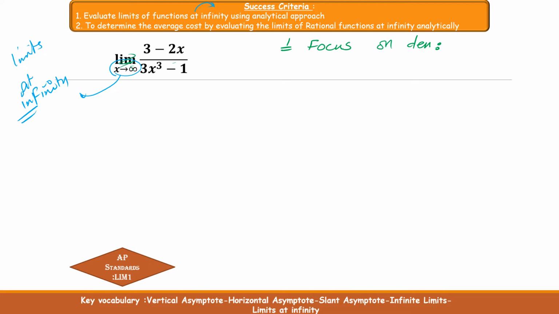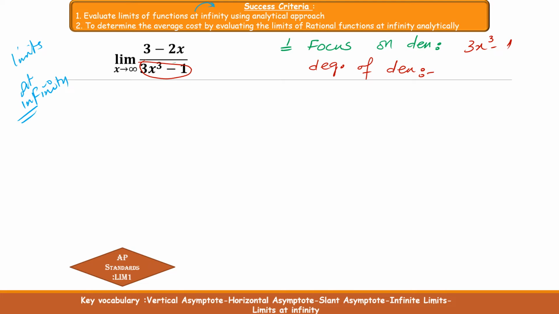One second, let me erase this. Let's check: we are focusing only on the denominator. That means it is 3x³ − 1. Once you focus, you see what the degree of the denominator is, the variable with the highest degree.